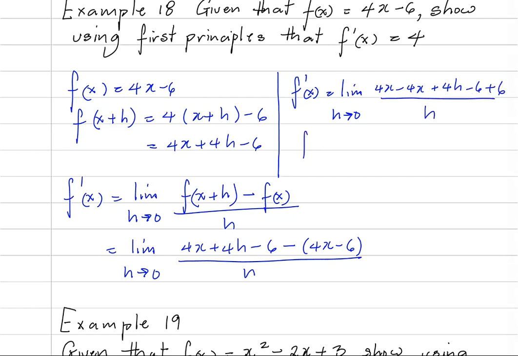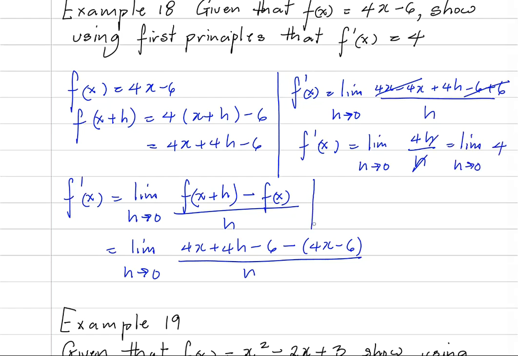So 4x minus 4x goes, minus 6 plus 6 goes. So what we have is positive 4h over h. The h is cancelled. So this is equal to the limit as h approaches 0 of 4.